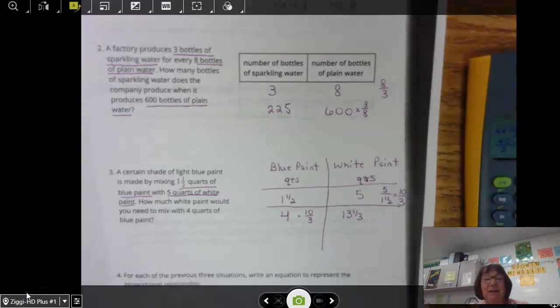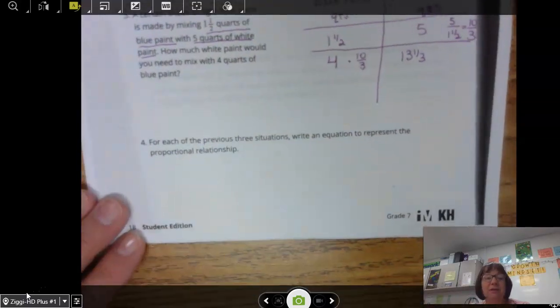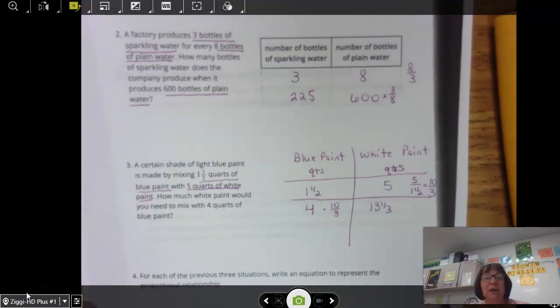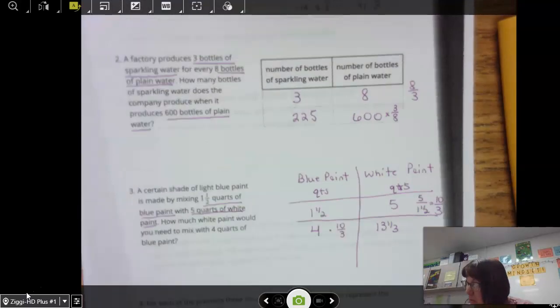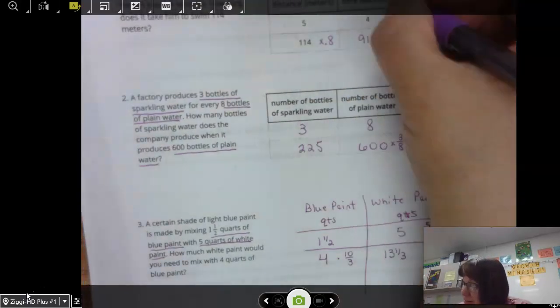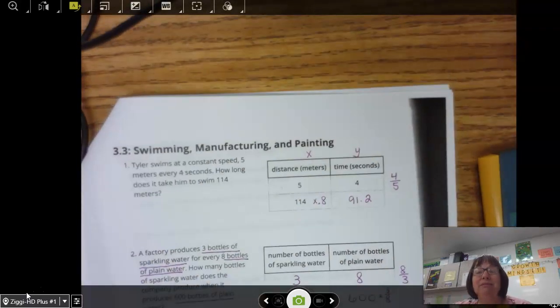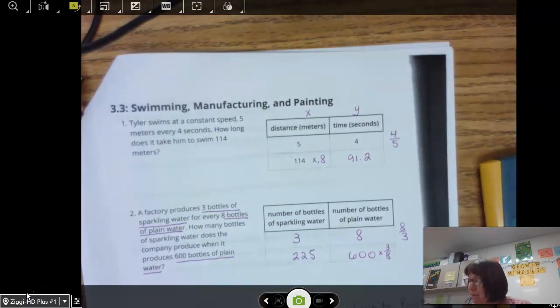Now, the last step of this. For each of the previous 3 situations, write an equation to represent the proportional relationship. So remember y equals, well, what is y in this case? You could put your x and your y on your table to help remind you.